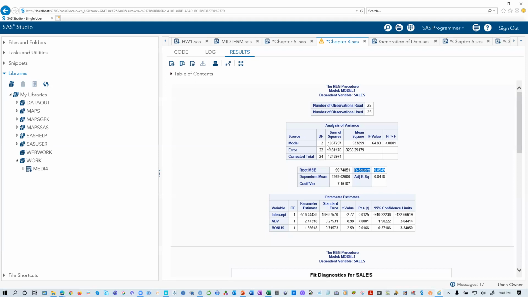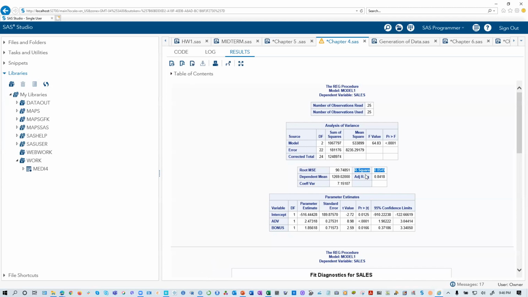And this much, 106, 77, 97, has been explained. 84% of the error carried from that empty model is explained by your suggested regression model. My suggested regression model, which includes 2 variables only, is in good shape. But still there's a leftover.